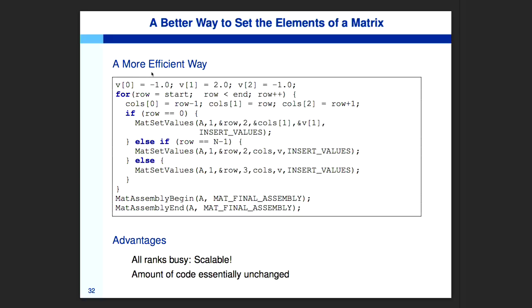This other slide shows what you really want to do, which is generally to loop over the segments of the global problem that your local process owns and set values. An advantage of this approach is it's much more scalable, and the code still is quite straightforward and simple. Similarly to what we described for vectors, the MatAssemblyBegin and End phase handles any communication that would be needed.